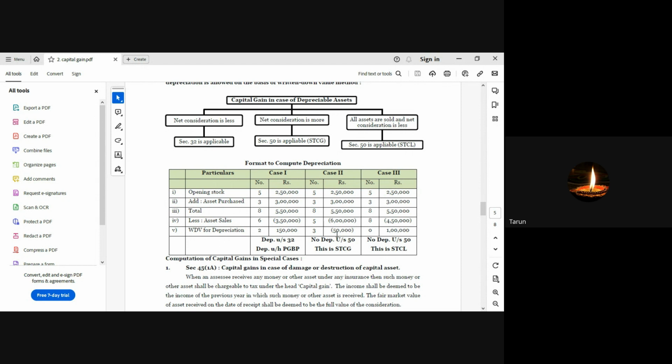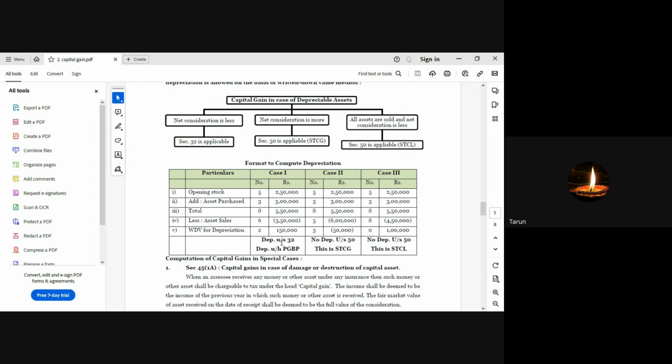If the written down value of depreciation gets a positive value, that means this is a short term capital loss, right? That is a short term capital loss.